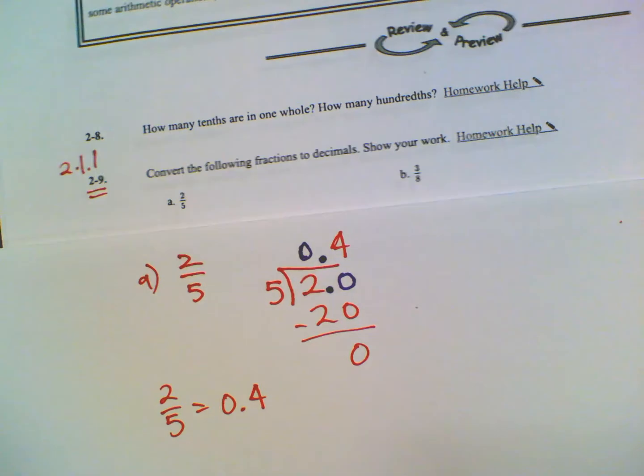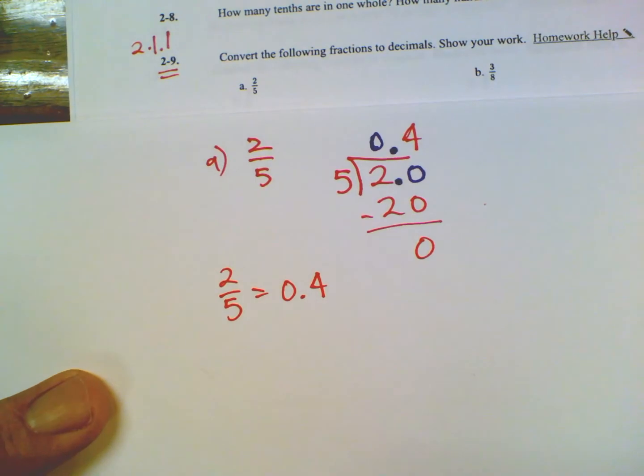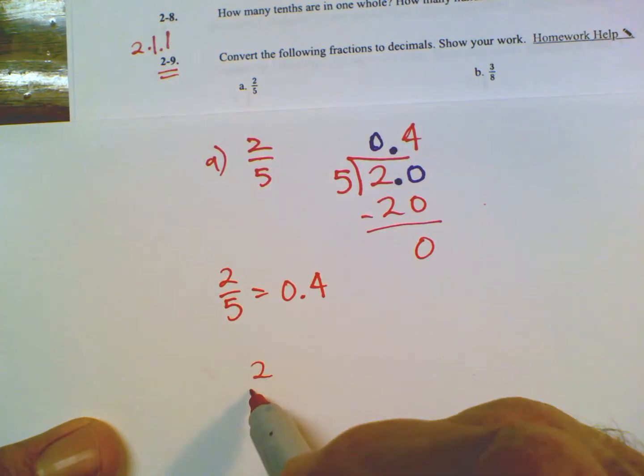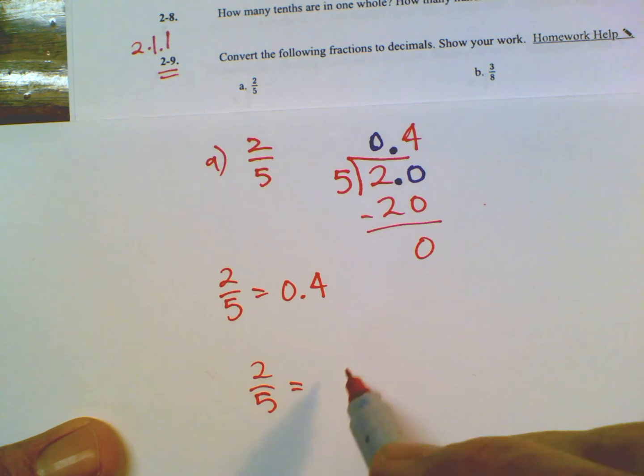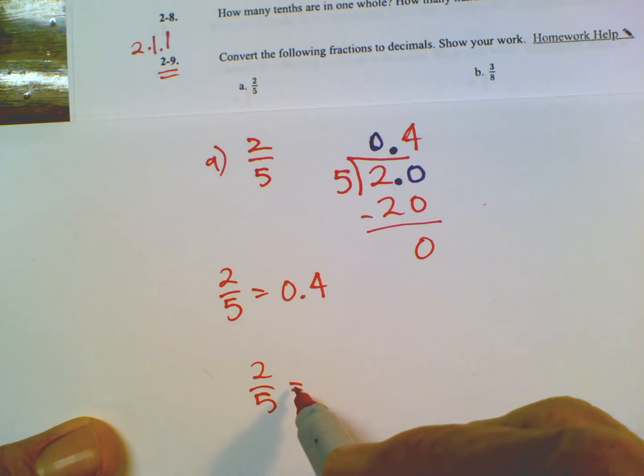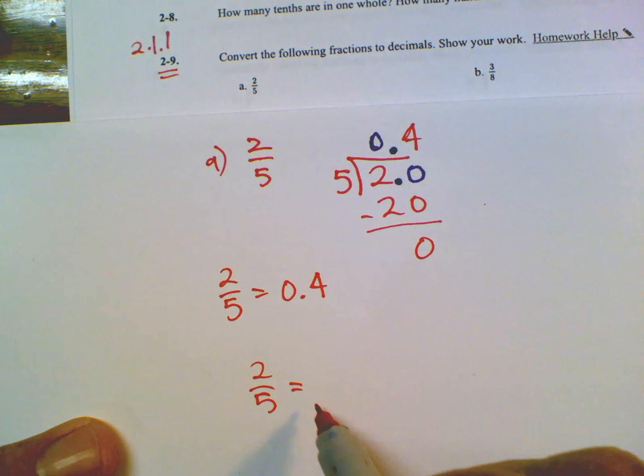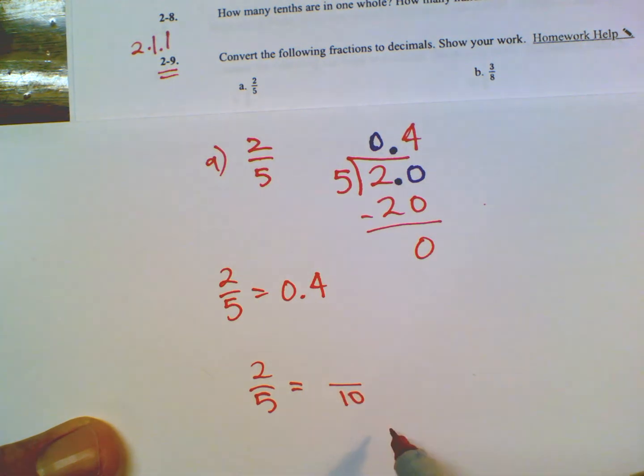Okay? And I did say there's another way of looking at this, right? If I were to take 2/5 and put it in as a tenth, can it be a tenth? If you can make something a tenth, a hundredth, a thousandth, then you can convert that to a decimal pretty quickly.